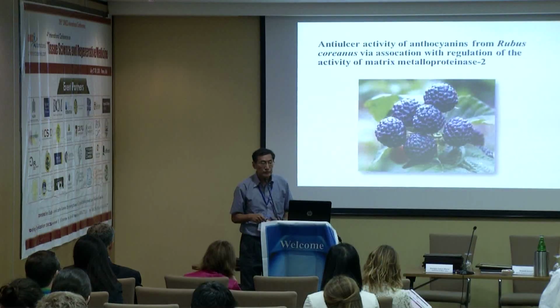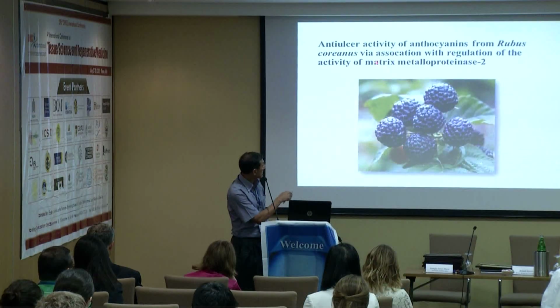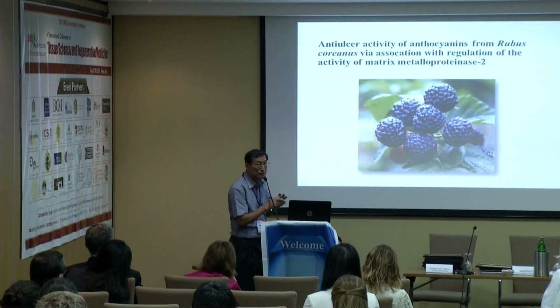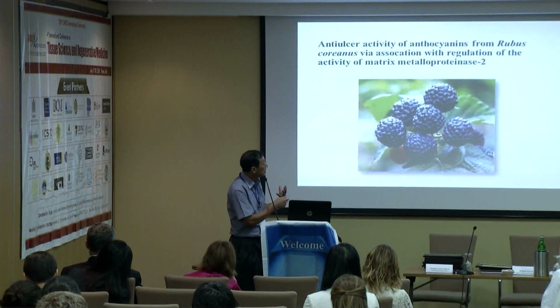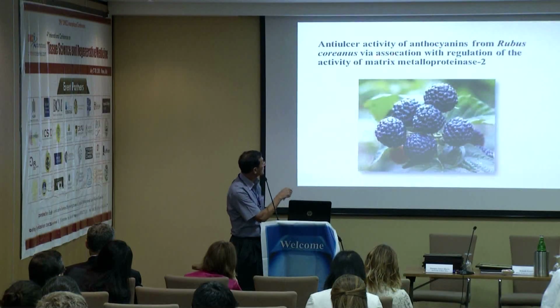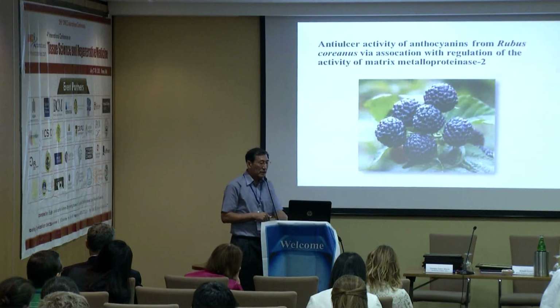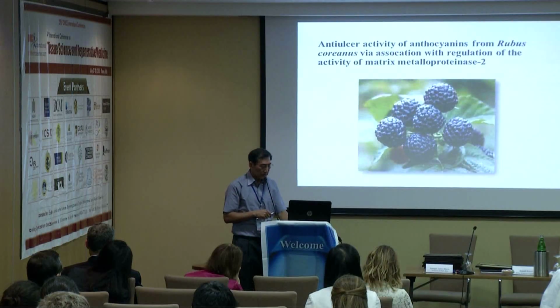Another natural product is anthocyanin. Anthocyanin is rich in fruit and vegetables, especially Rubus coreanus, and is similar in black rice berry. It regulates the activity of matrix metalloproteinase 2.